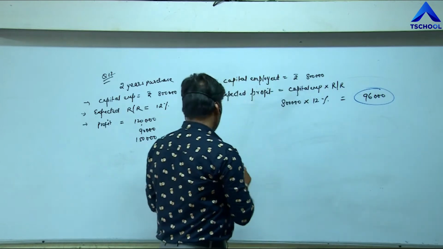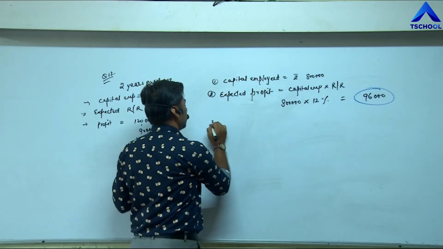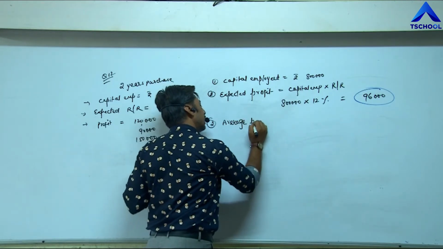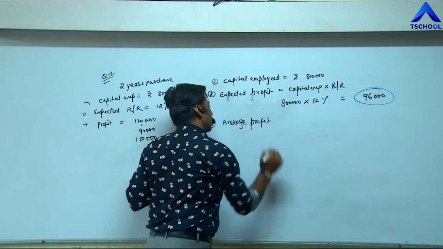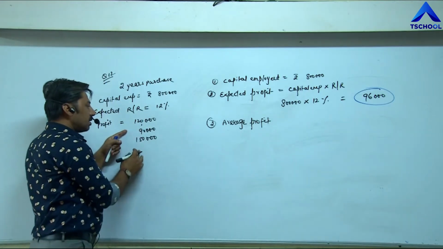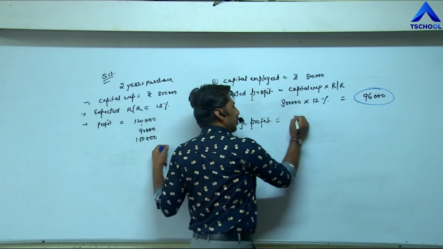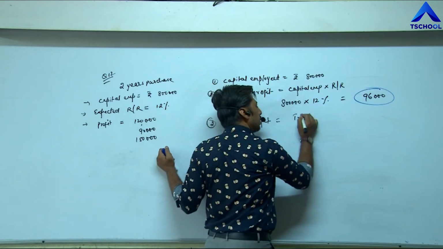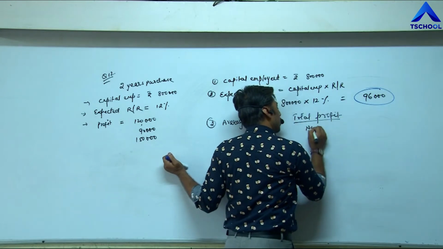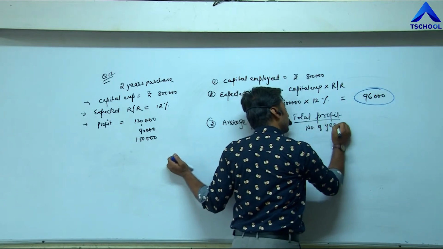Next, third step, we have to find out average profit. Now in this question, profit is showing a fluctuating trend. That's why the formula becomes total profit upon number of years.